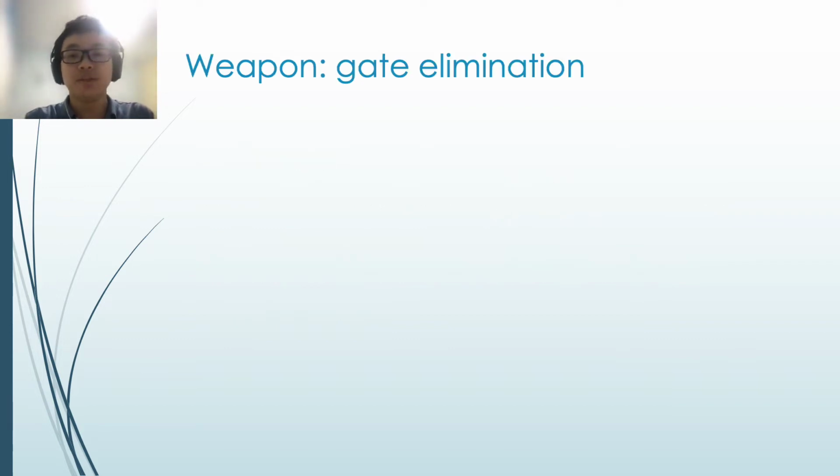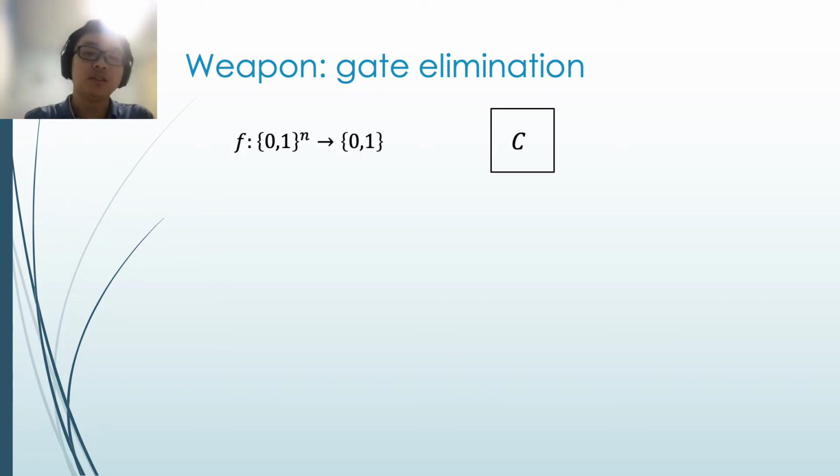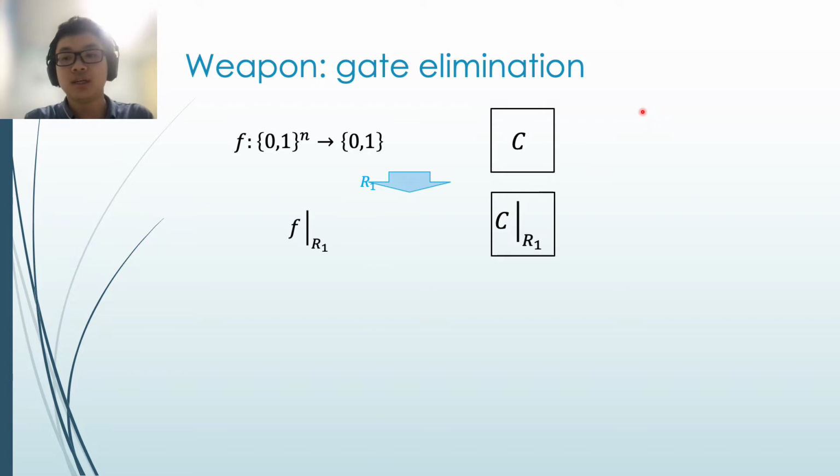The main weapon to prove such unconditional lower bounds for general circuits is gate elimination. Essentially, this is the only weapon up to now to attack this problem. First, we assume some hard function f, and we know that some circuit C computes this function. What we do is to do some restriction on this function. For example, we let the first input be 0.